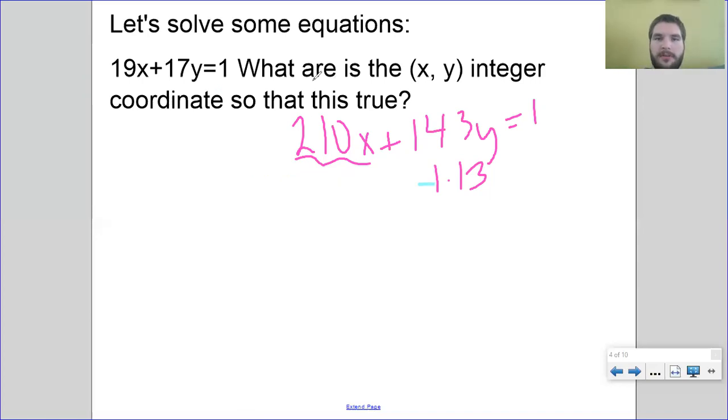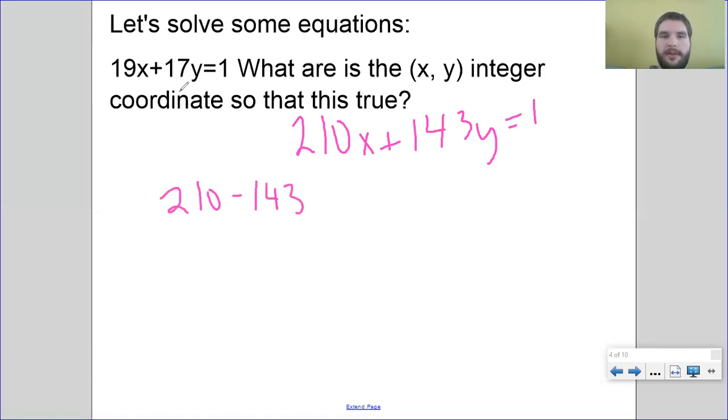So now we're going to do the Euclidean algorithm. 210 minus 143 is equal to what? Someone give me numbers. 67. 67? Okay, I think 67 is all we can do with that, right?